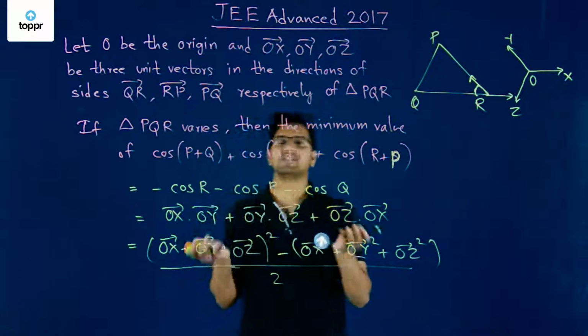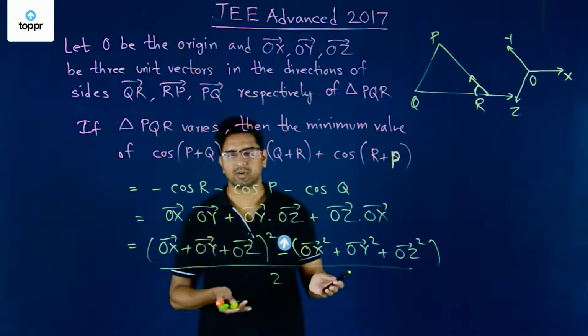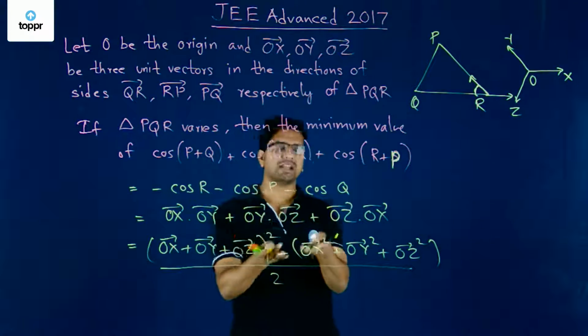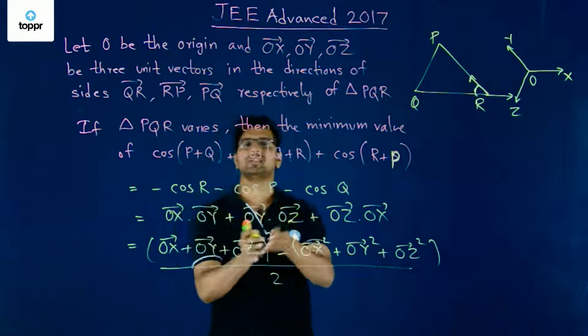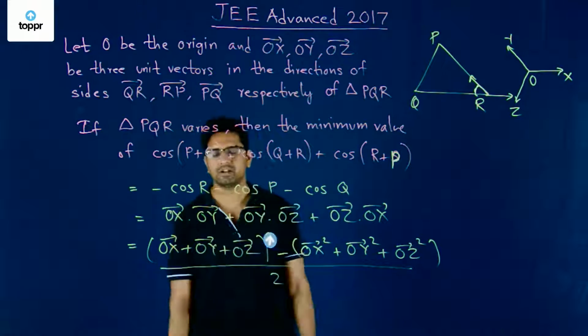We are just making use of the algebraic identity: (a + b + c) the whole square is equal to a square plus b square plus c square plus twice (ab + bc + ca). That's exactly what we have made use of here.